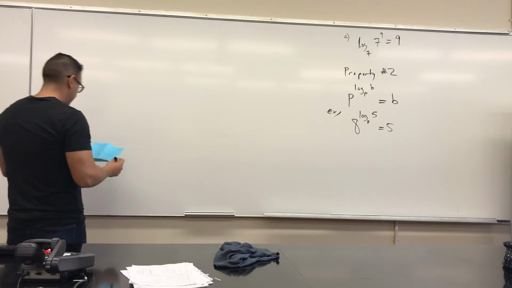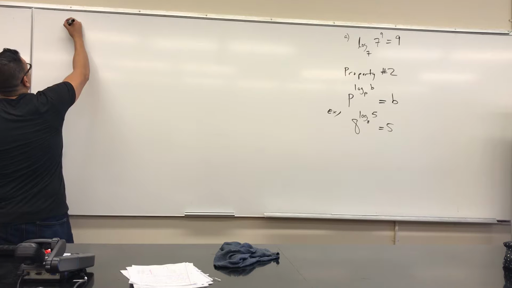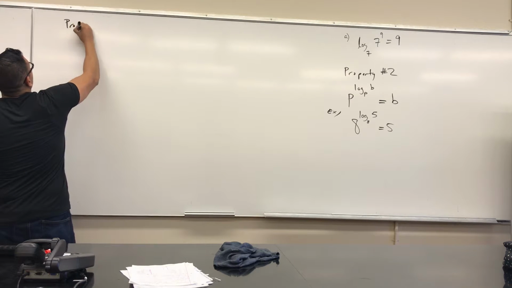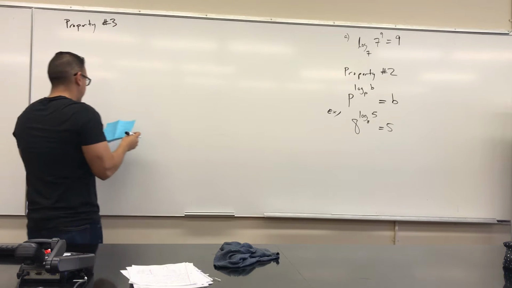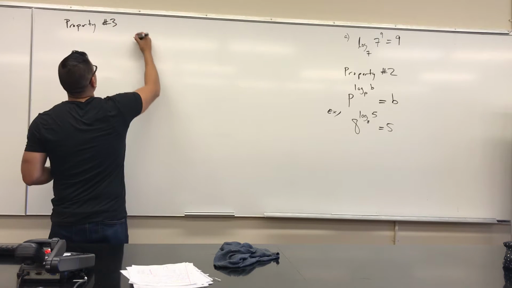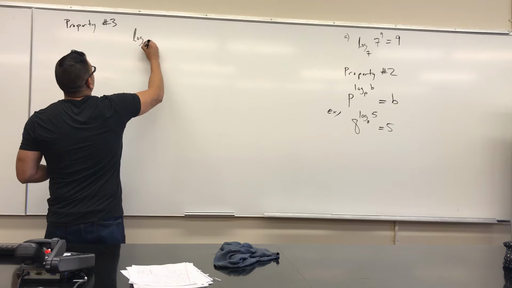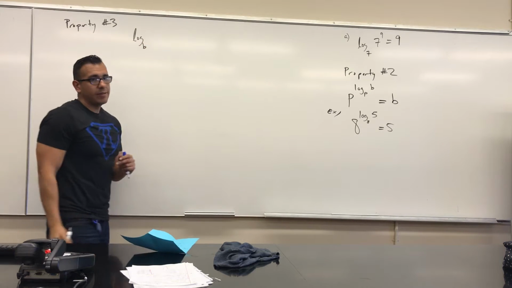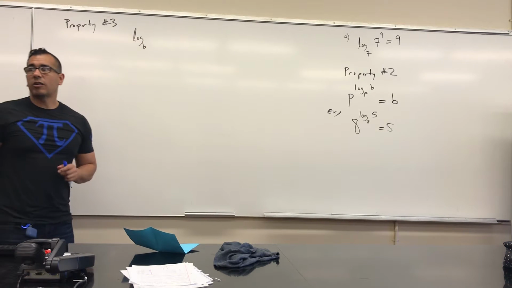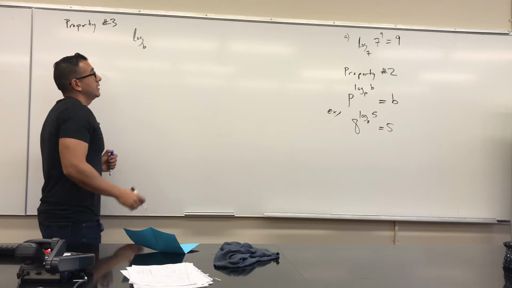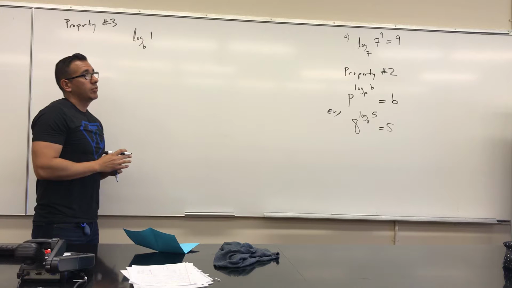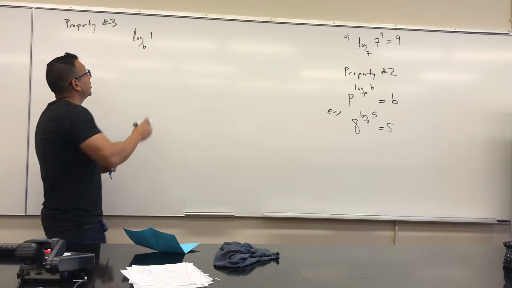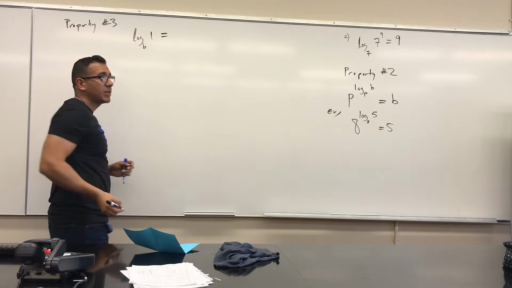Okay, let's get fancy. Let's go with property 3. So let's say I have a log of any base, and your argument is 1. Anytime your argument is 1, I'm going to get some type of answer.